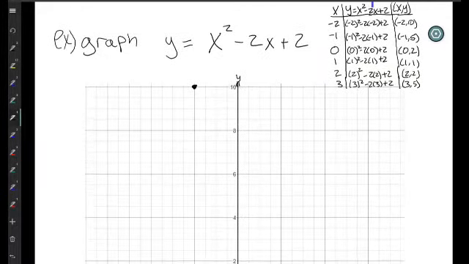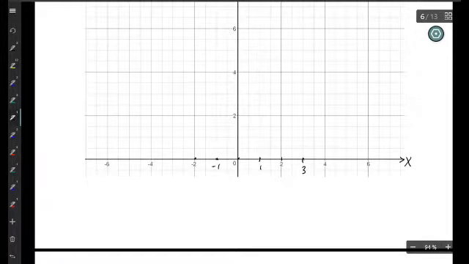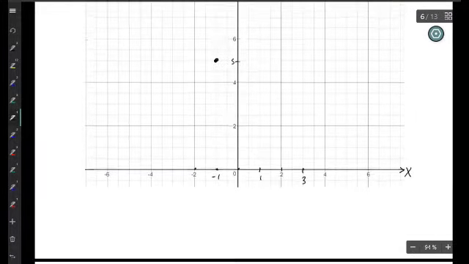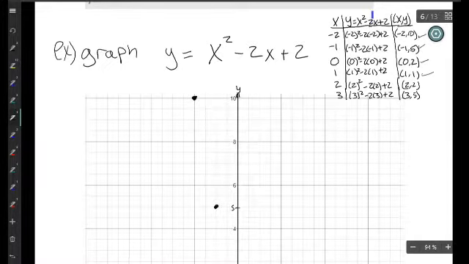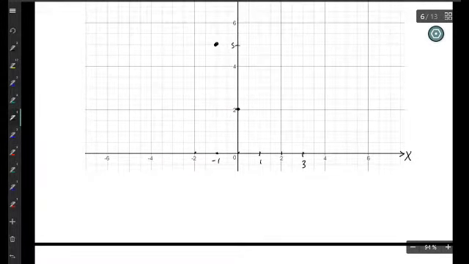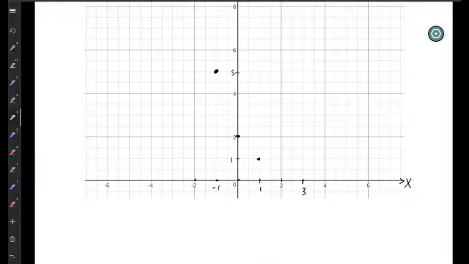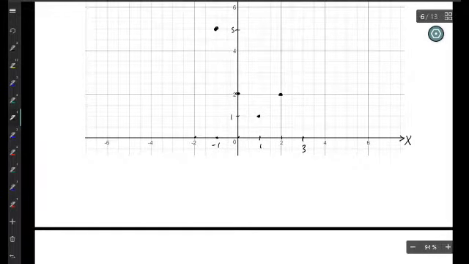Then 0, 2. Then 1, 1. And then 2, 2. And 3, 5.